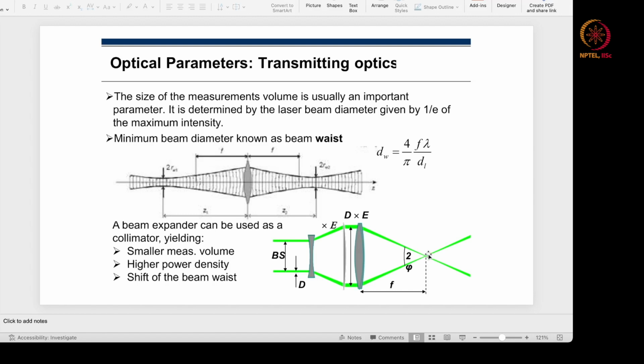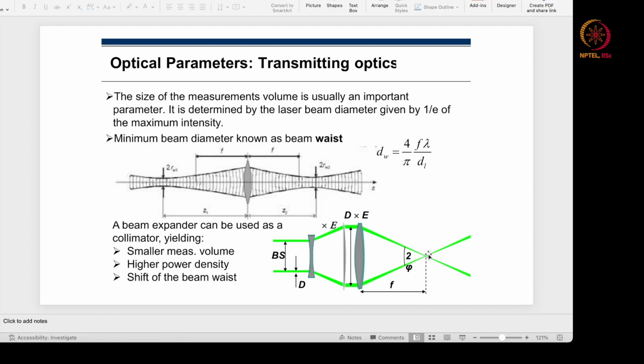So these are some of the interesting features, because you sometimes need that very small measurement volume, depending on the type of experiments that you are doing. Because remember, it is volume averaged over that particular measurement volume, so you need it to be very small to get the kind of fidelity that you want.